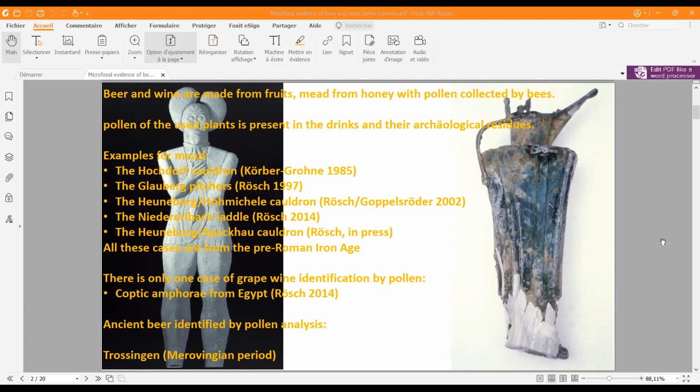and this is the basis of wine amphorae from Egypt of the Coptic period. We looked inside, there was also material inside, and we looked for pollen, and most of them had pollen of wine.